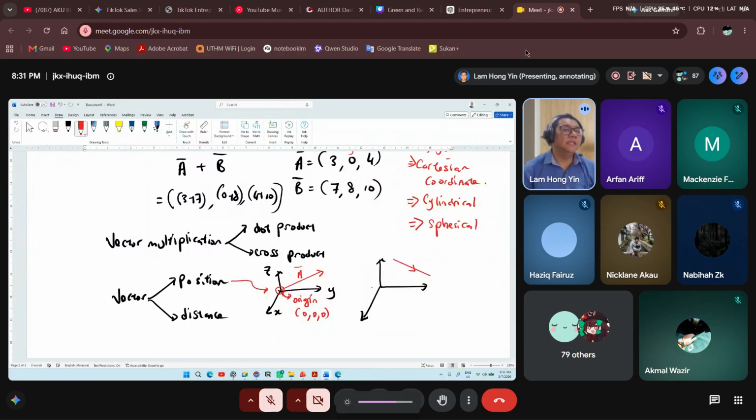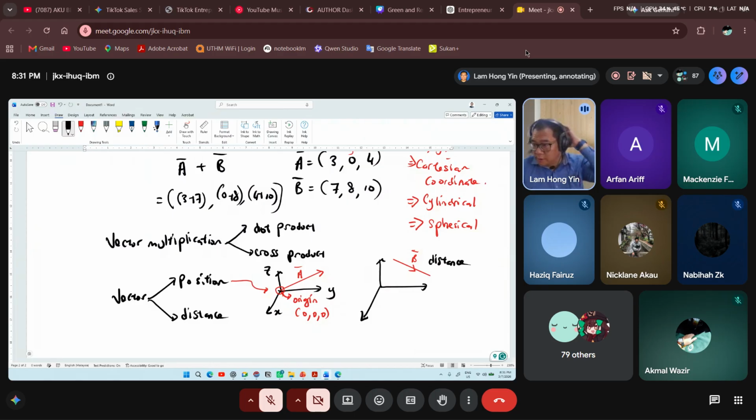For example, I have a vector like this, which is floating in 3D space, right? This is my vector B, and we call this vector S1, a distance vector.